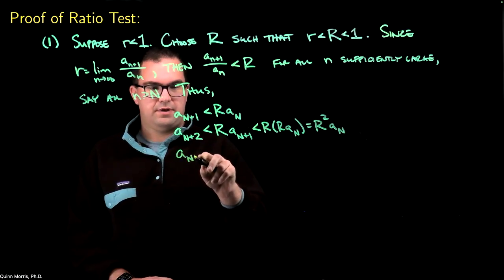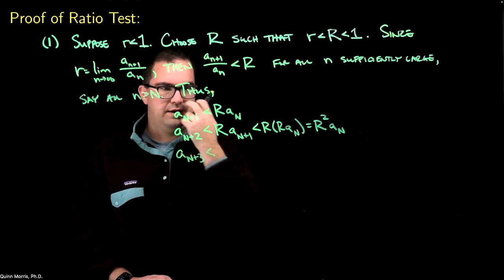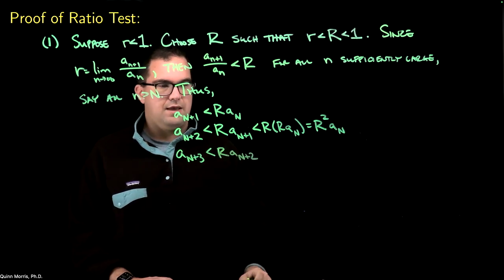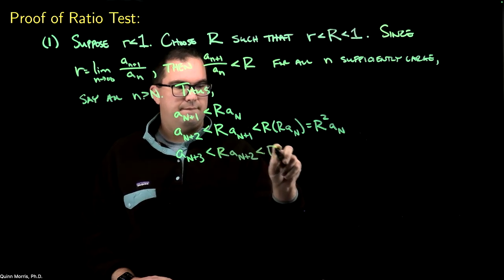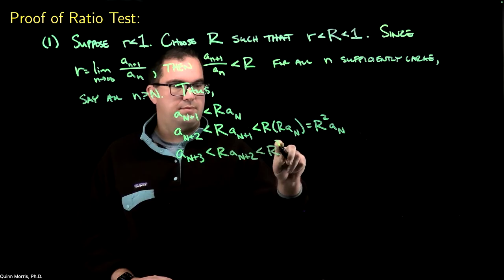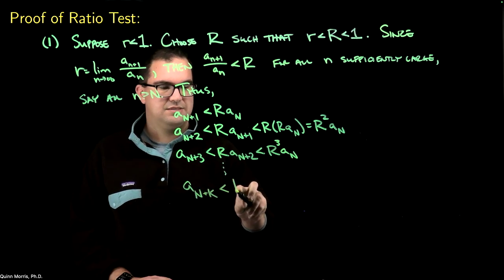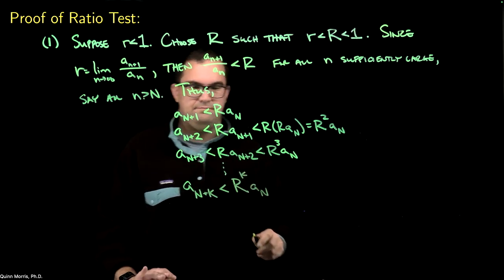So for a sub capital N plus 3, if I repeat this same process, backtracking through here, this would be less than r a sub capital N plus 2, but a sub capital N plus 2 is less than r squared a sub N times another r, giving me r cubed a sub N. And in general, a sub capital N plus k is going to be less than r to the k times a sub capital N.